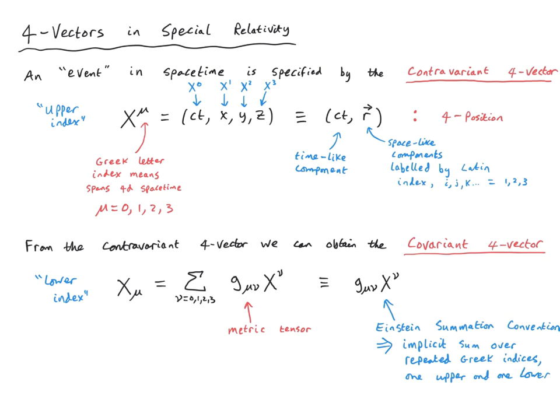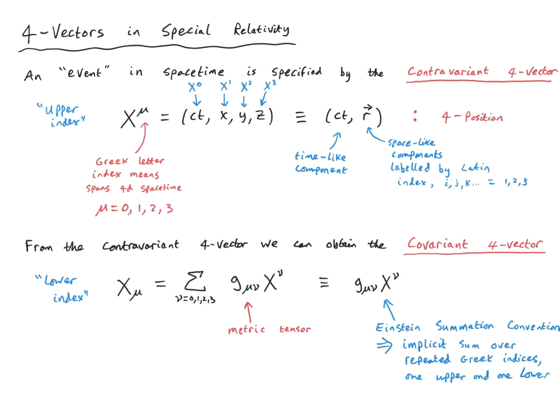We just write g mu nu and x superscript nu, and the summation over nu is actually implied by the notation. Specifically, there's an implicit sum over repeated Greek indices where one of them is lower and one of them is upper. What do I mean? Well, in this expression, we see that nu, the Greek letter nu, is repeated in these 2 terms.